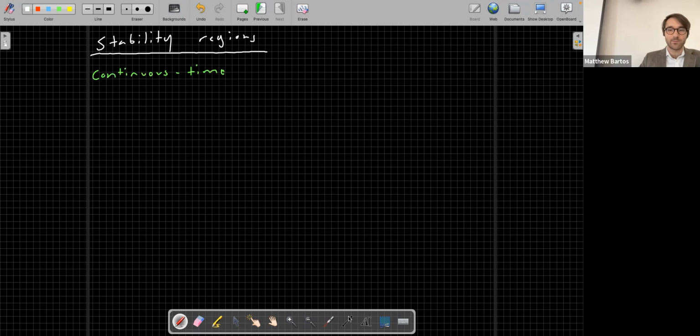And we have our complex plane here. This here is the imaginary component of S. This is the real component of S.